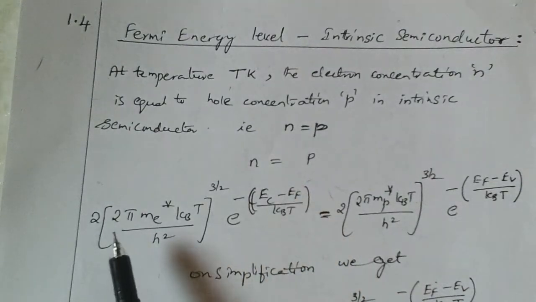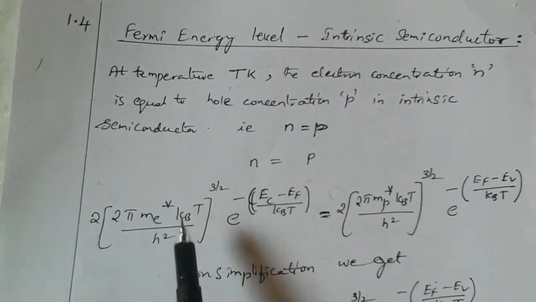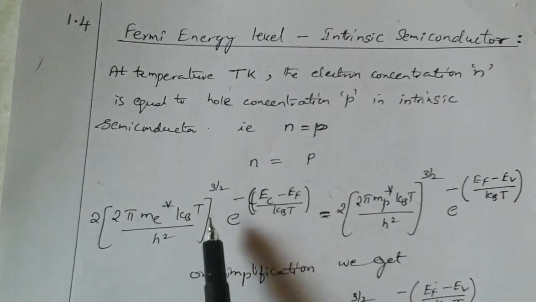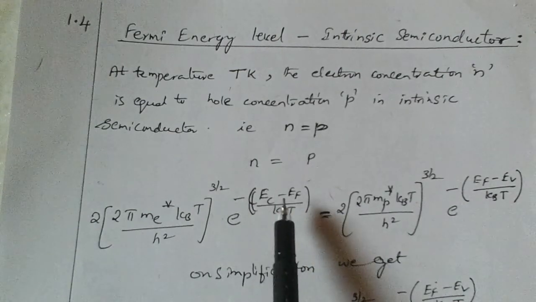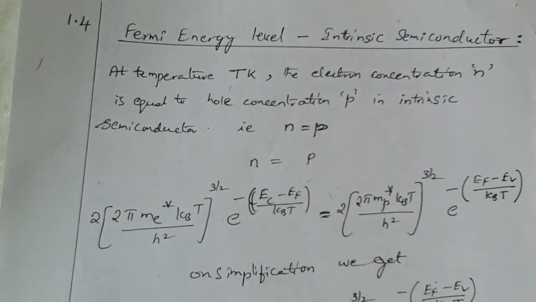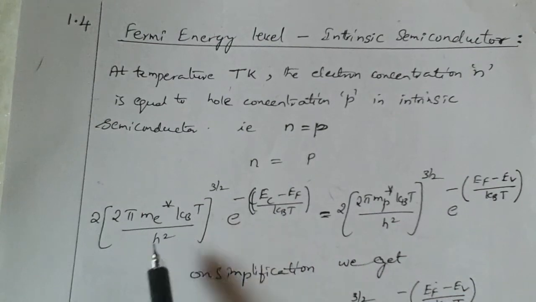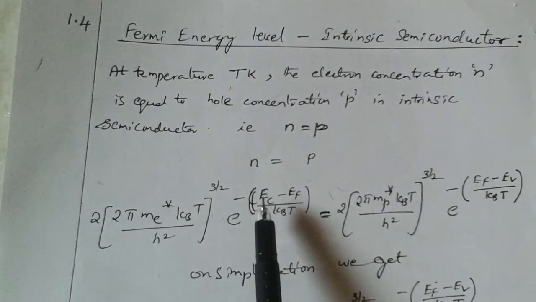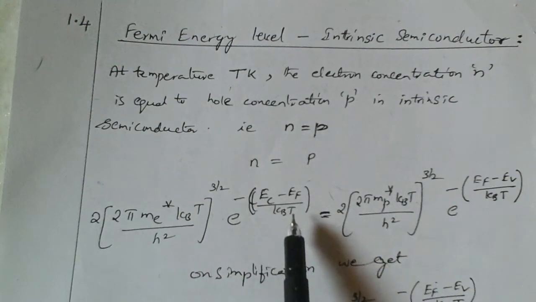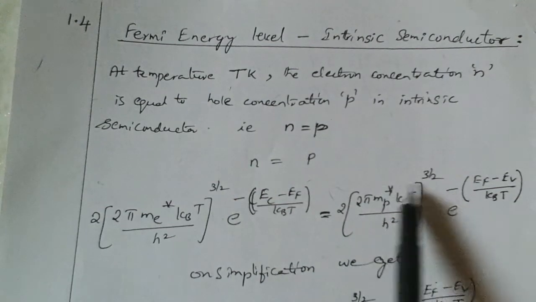It is 2 into (2π me* kBT by h²) whole power 3/2, e power of minus (Ec minus Ef) by kBT, is equal to the hole concentration value.